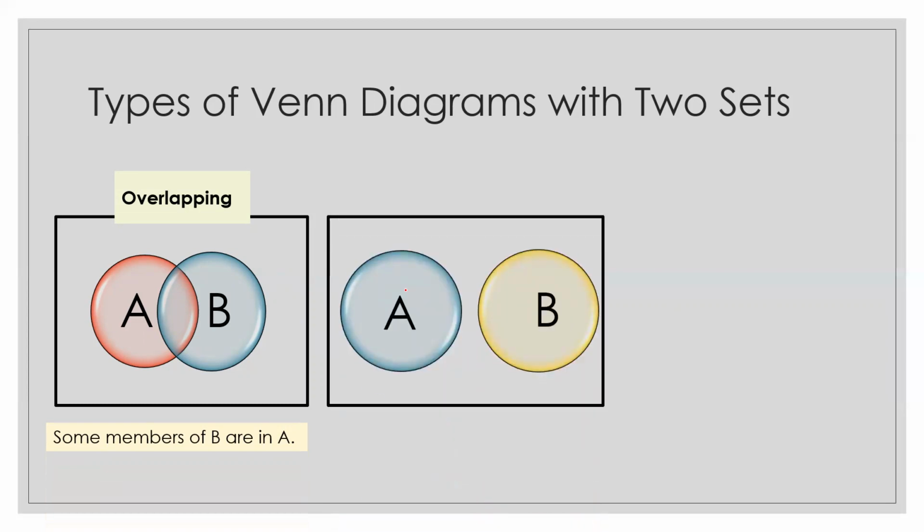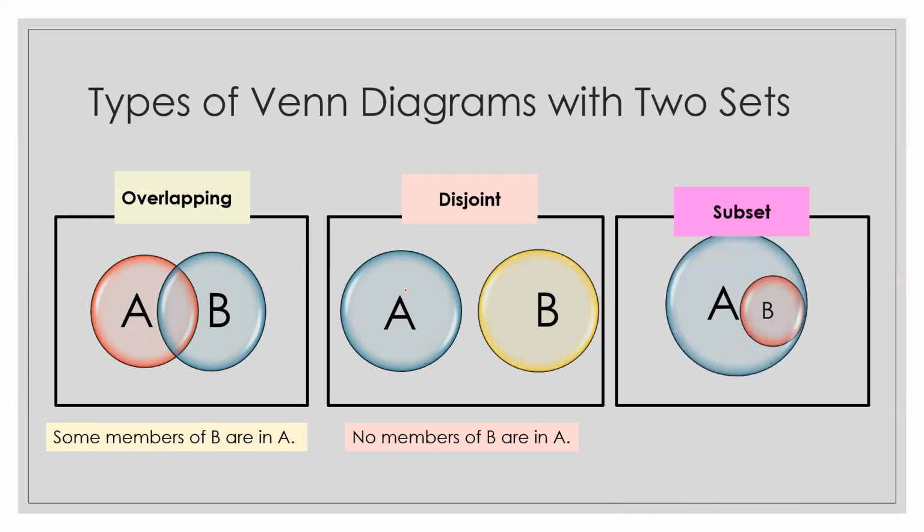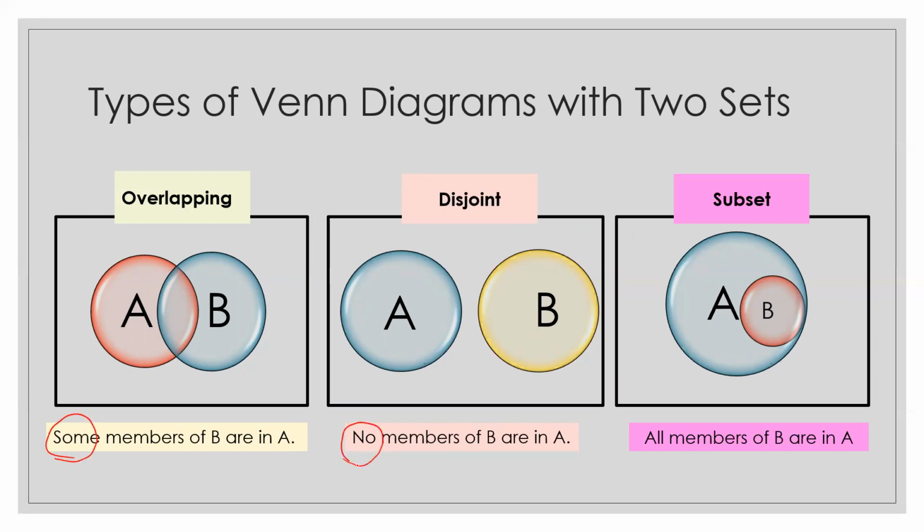The second one is what we call two disjoint sets, and how we would say this is no members of B are in A, or no members of A are in B. And then the third type is the subset, that in this scenario, we would say all members of B are in A. These words here, the some, the no, and the all, are what we will later name as quantifiers, but we'll deal with that later.